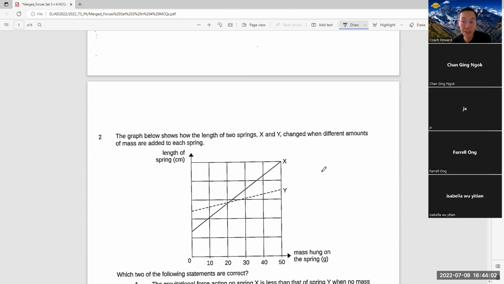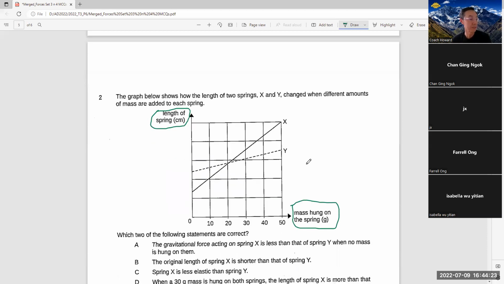This type of graph, is anyone afraid to see such a graph? Now there are two graphs there. Here is the length of spring, and this is the mass hung. They say the graph shows how the two springs X and Y change when different amounts of mass are added to each spring.